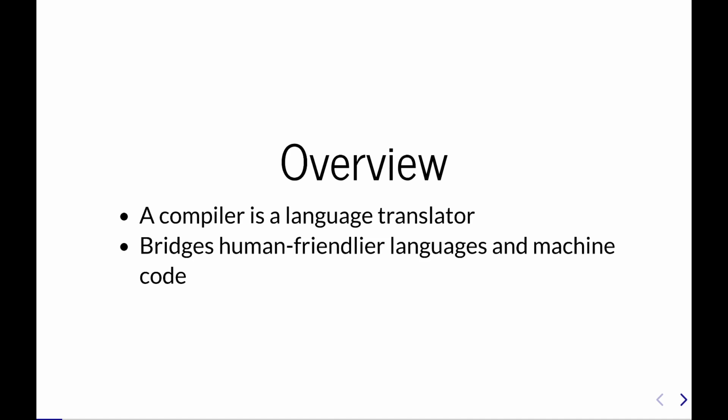If you were programming a personal computer like 40 years ago, you may be flipping switches to enter each bit of each instruction on a machine with no screen, with no keyboard. And so having a text-based language that is much easier for humans to process is really useful, and it's the compiler that bridges the two.